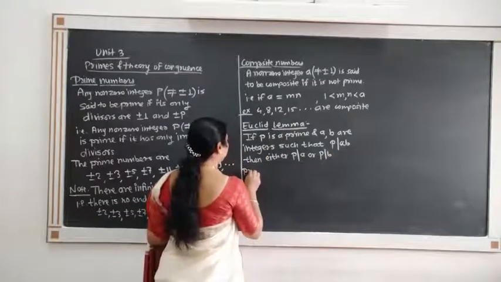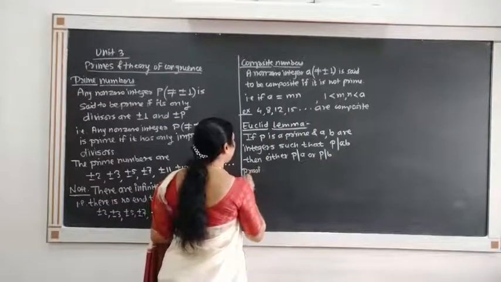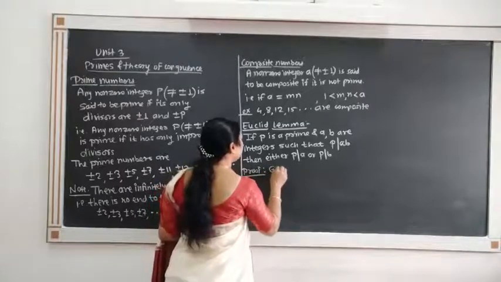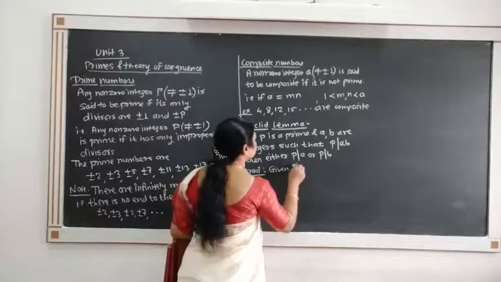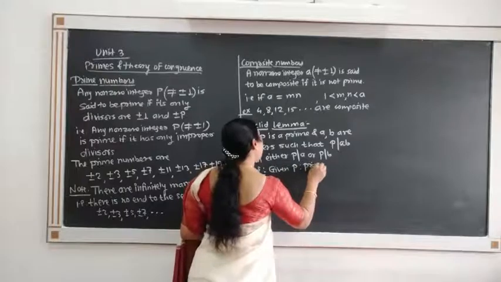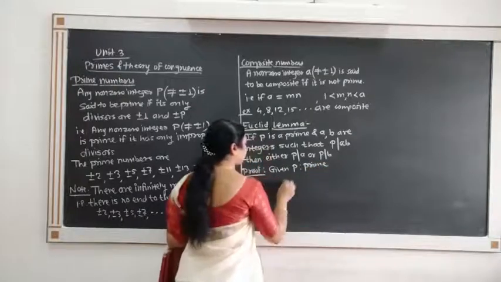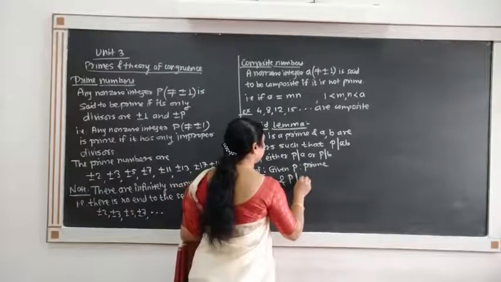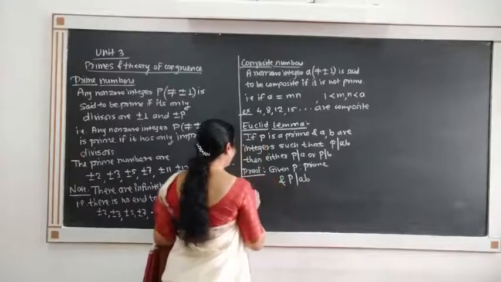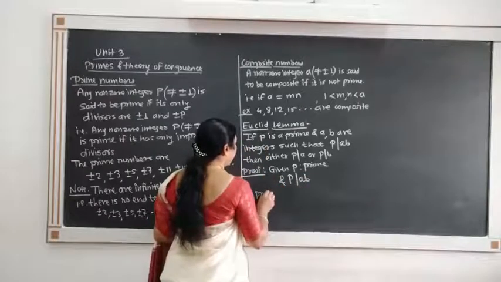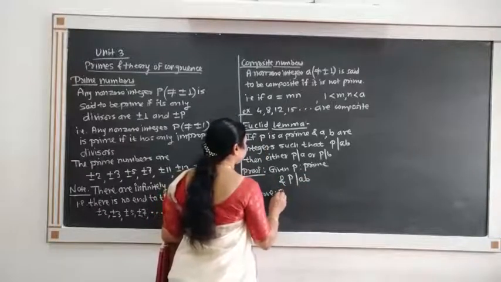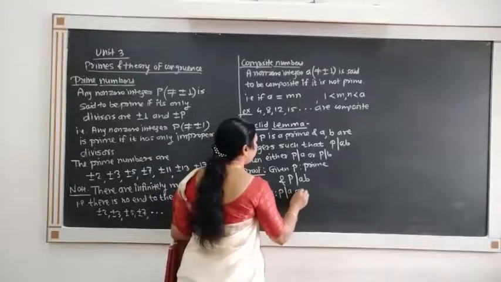So see the proof. It is given that p is a prime and p divides ab, and we want to prove either p divides a or p divides b.